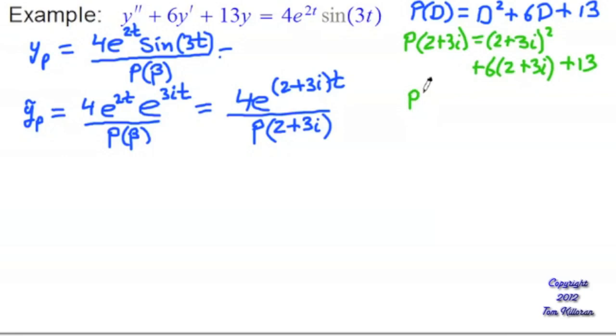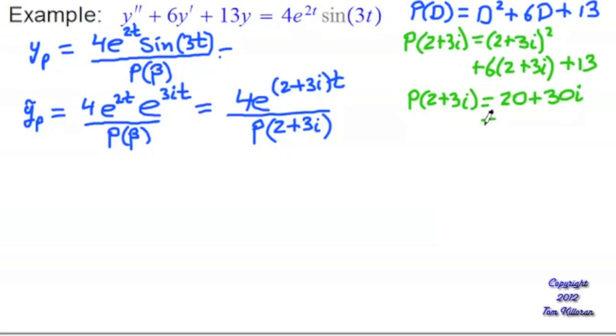After all is said and done, this is going to equal, let's see, 20 plus 30i. Just be careful of the square term, you do have to FOIL that all out.